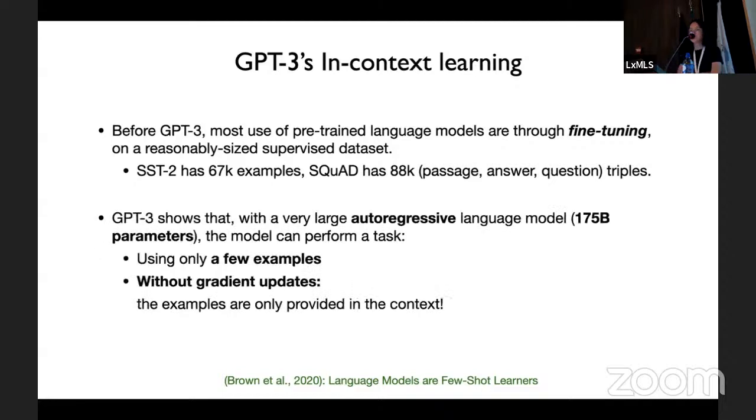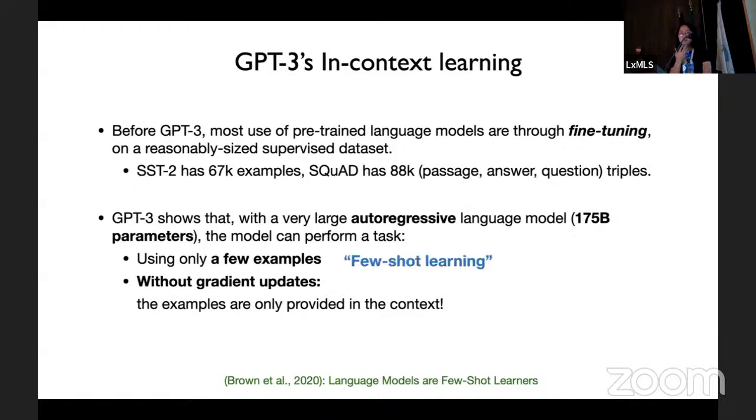But GPT-3 shows that if you already have a very powerful, very large autoregressive language model, as large as 175 billion parameters, this model can already perform sentiment analysis or question answering using only a few examples and without any gradient updates. These examples are only provided in the context.